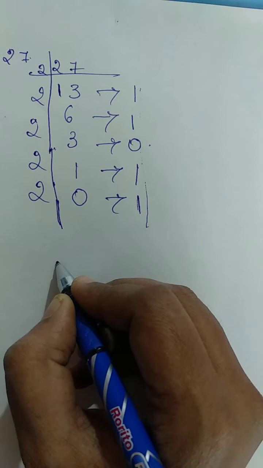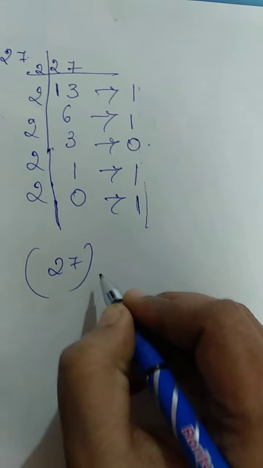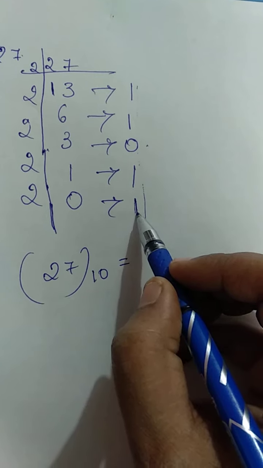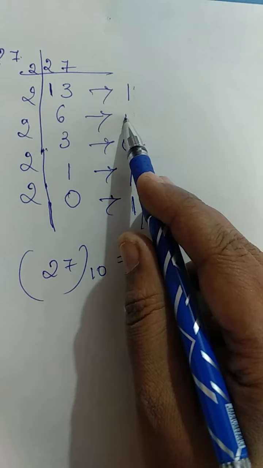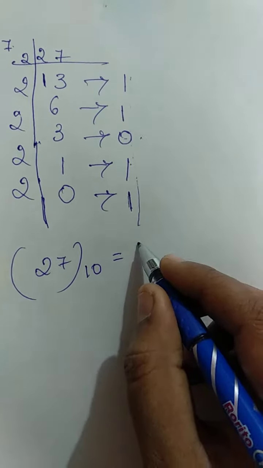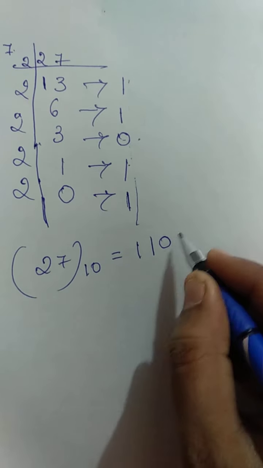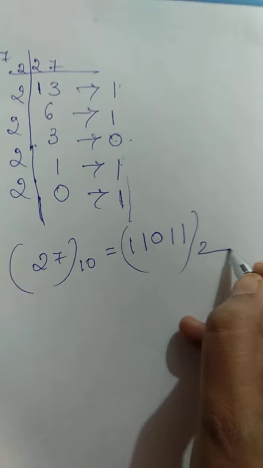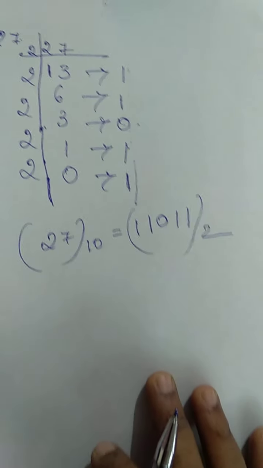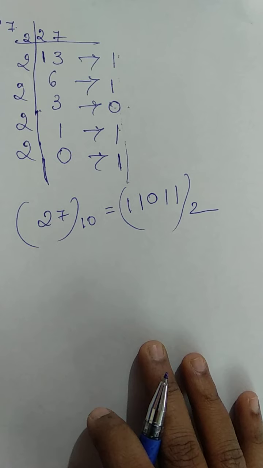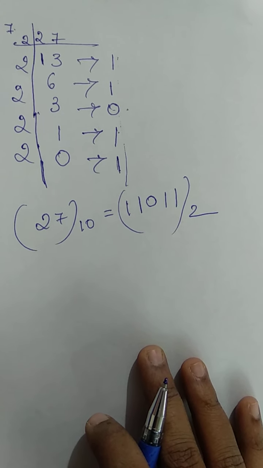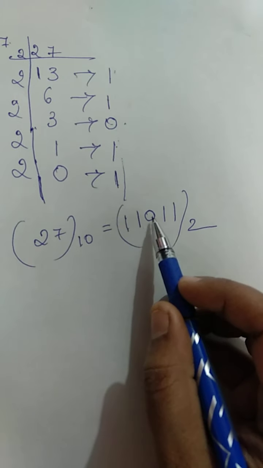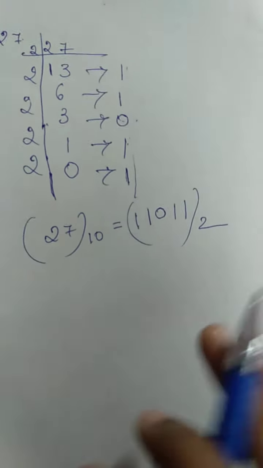It is 27 of base 10 is equal to, in reverse order, 1 1 0 1 1, with base 2. So we have converted decimal 27 base 10 into binary. The answer we got is 1 1 0 1 1.